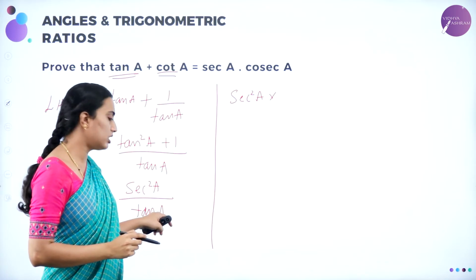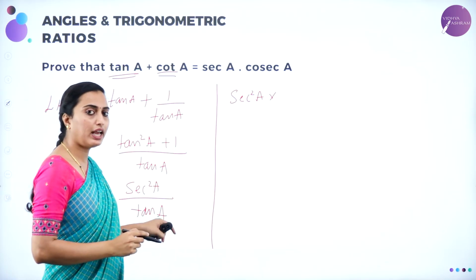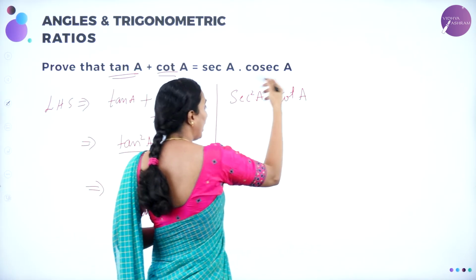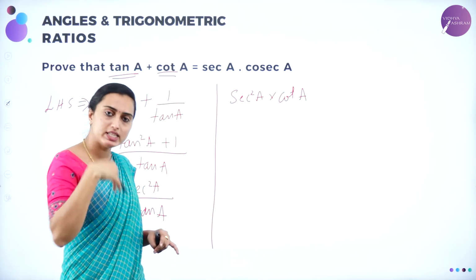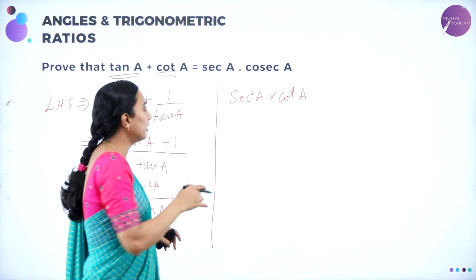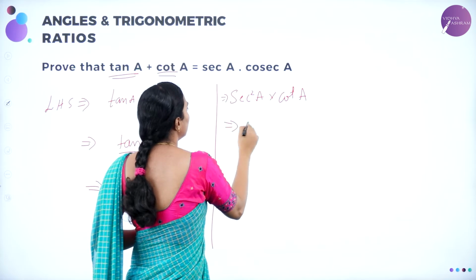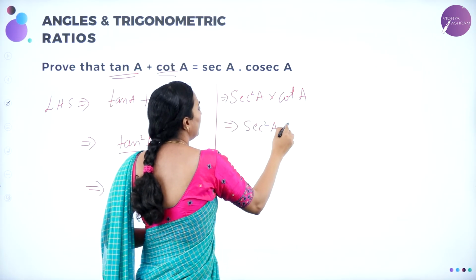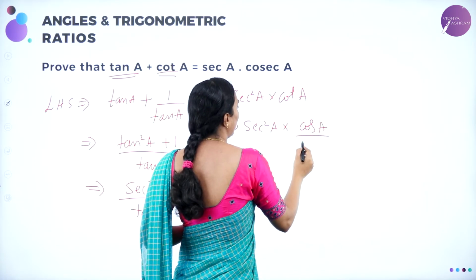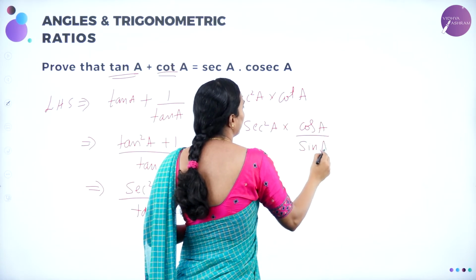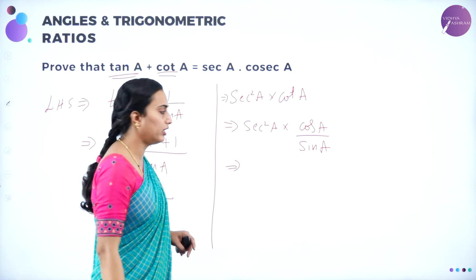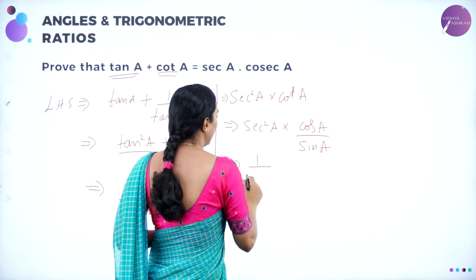Since it is in the denominator, 1 by tan will become cot, and cot A can be written as cos by sine. Are you getting it? So secant squared A into cot A, which can be written as cos A divided by sine A. Right? Now, secant squared A can be written as 1 over cos squared A.